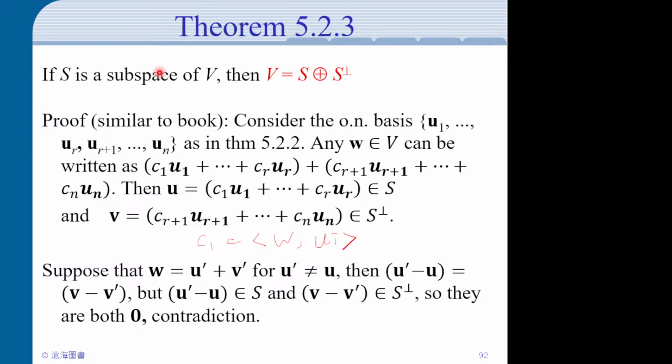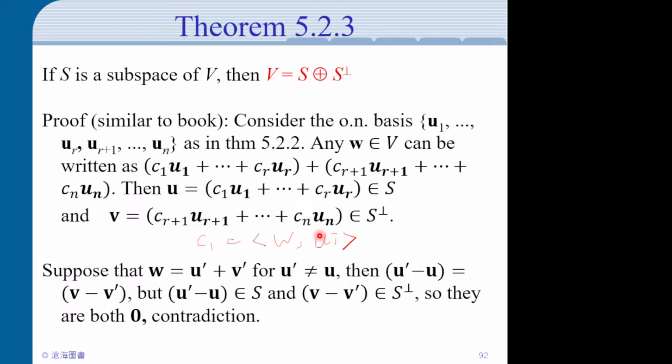You can just project your W onto S and S perpendicular. Basically, you project onto this orthogonal basis, and the first part of the projection is the projection onto S, and the second part is the projection onto S perpendicular, with those coefficients equal to the inner products.